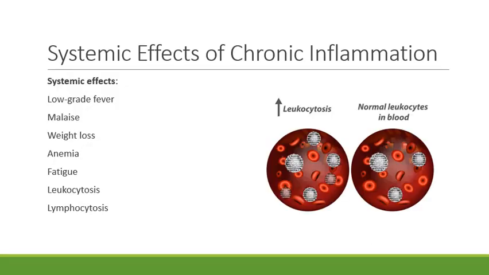What are some systemic effects associated with chronic inflammation? People can have low-grade fever, malaise, weight loss, anemia, fatigue, leukocytosis. This is the state in which white cells, the leukocyte count, is above the normal range in the blood.